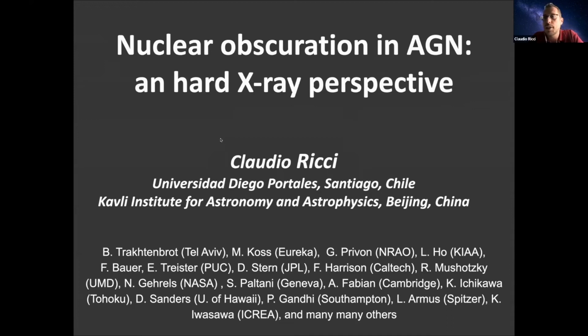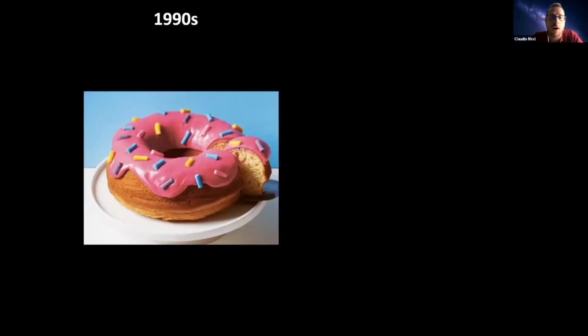But before this, I want to start with a historical perspective, showing you how much our vision of the circumnuclear material around AGN has changed. We started in the 90s when we thought that most of the material around AGN was distributed as a sort of donut.